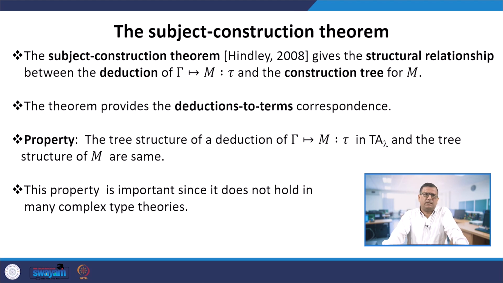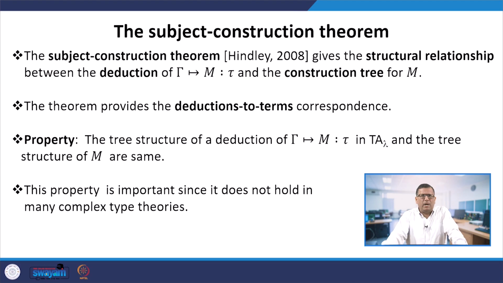The subject construction theorem is taken from Hindley's book. It gives the structural relationship between the deduction of the formula M has type tau in the context gamma and the construction tree for M. As we have seen, these two structures are the same. As we have discussed, we erased certain things here and there, and we got the same structure.